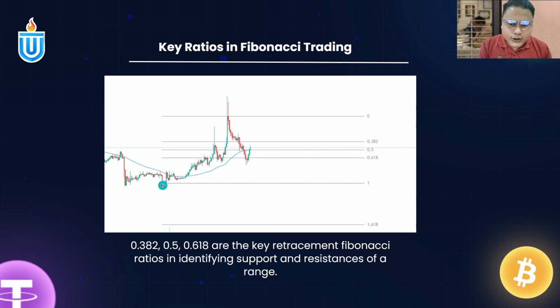So, for example, meron kang impulse move dito or rally. So, you can use this as your trading range. Then, once na nagpo-pull back siya, yun yung pwede mong gamitin as a basis of an anticipatory support or resistance, no? So, for example, in this chart, dito siya nag-support at 0.618 na retracement.